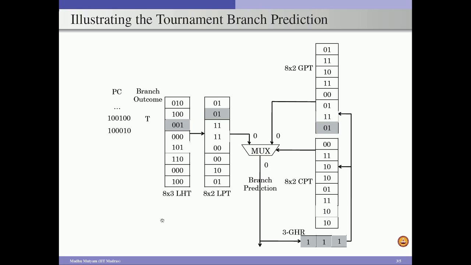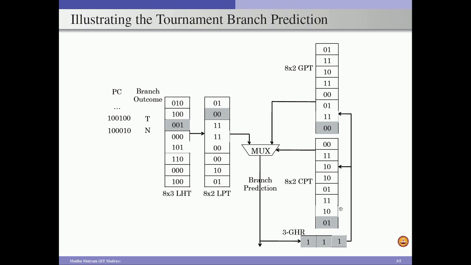And now we will see what is the actual outcome of this branch. So, the actual outcome is not taken. So, this is effectively in line with our prediction. Now once the branch outcome is there, again we have to do the necessary updates in our tables. Previously it was 0 1, now we are decrementing that to 0 0, and similarly here 0 1 is decremented to 0 0.